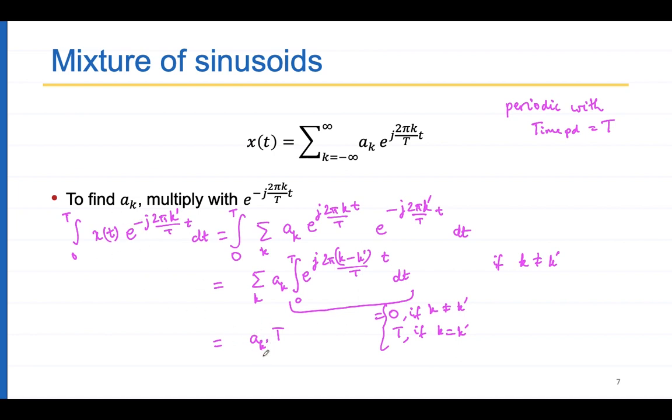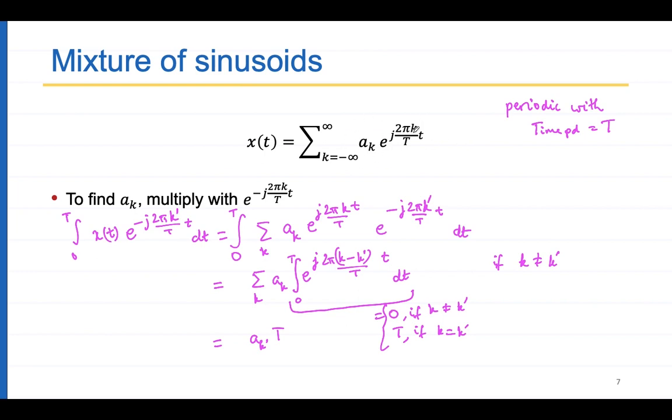So by changing the value of k dash, I can derive all the values of ak. This is to say that if x(t) is a periodic signal, I can break it down into many periodic signals. When k is 0, this term does not exist and this is just a constant value.